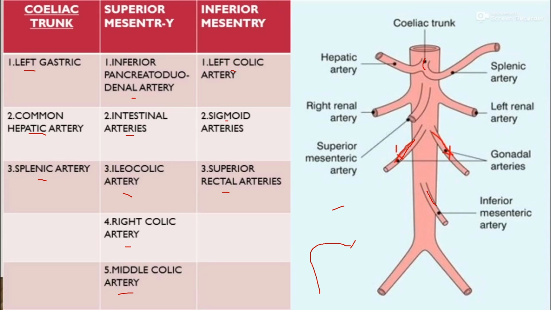The left colic and sigmoidal: left colic for the descending colon, sigmoidal for the sigmoid, and superior rectal for the upper rectum. That part is supplied by the inferior mesenteric. The abdominal aorta also gives renal branches, right and left, and gonadal arteries.